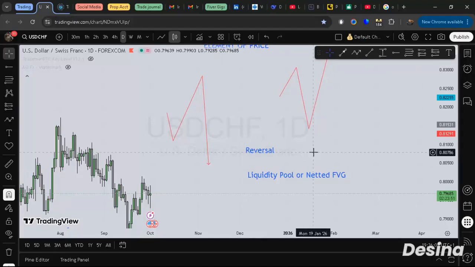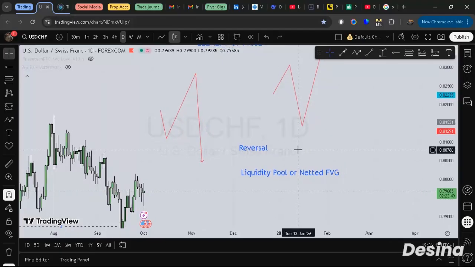So the term nested FVG means where we have two or more fair value gaps connecting together. So in this scenario, we have many fair value gaps and they tend to pull price because they want to get balanced. And because of this, price has to move in that direction.